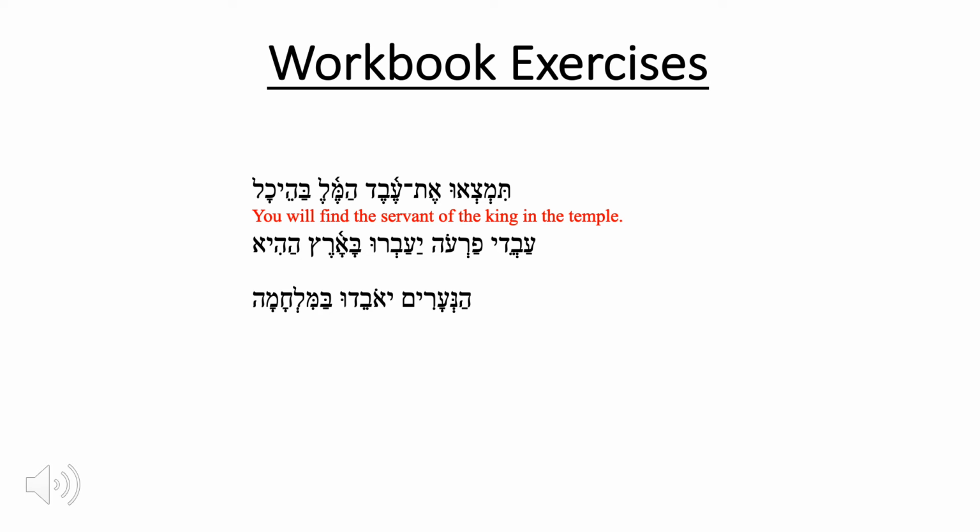Again, the cough is missing because of my silly computer, but this is the king, so this is the servant of the king, the definite article referring to both parts of the construct phrase, the construct clause, and you will find them in the temple or in the palace. Again, you will find the servant of the king in the temple.